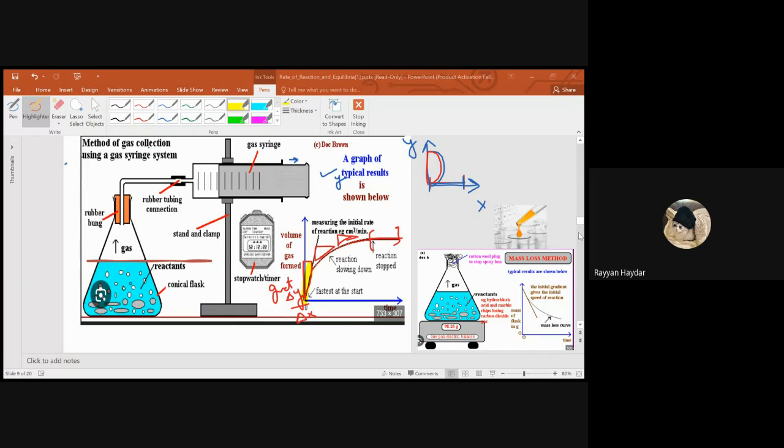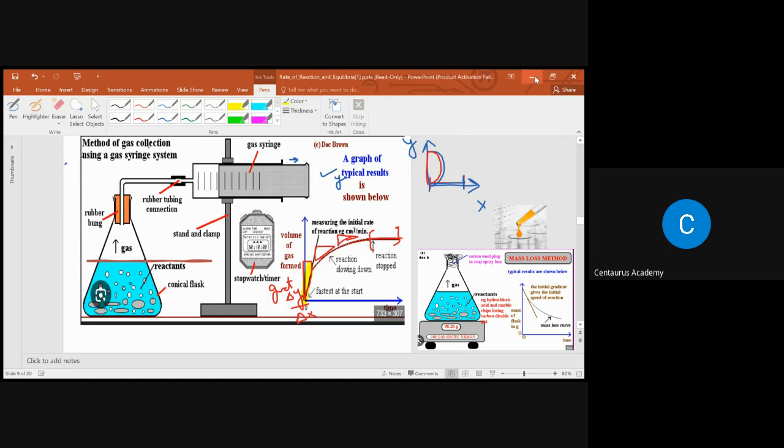Maybe because at the beginning of the reaction, there's more particles that are going to collide with each other, but at the part where the reaction is slowing down, maybe most of the reactants are already formed into products. Yes, in the first stage, you can say that the initial rate tends to be greater as compared to the subsequent rates because of greater reactant particles.